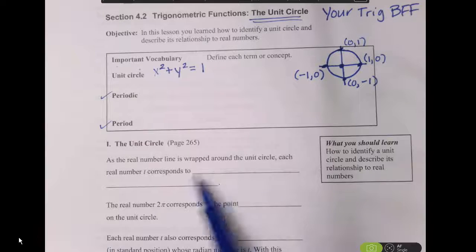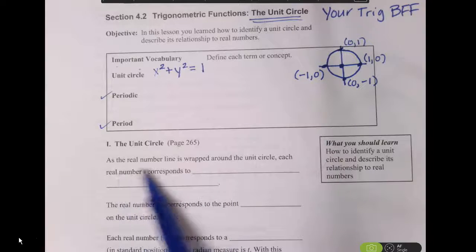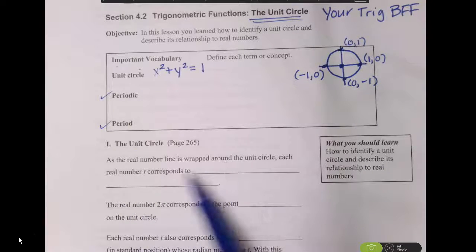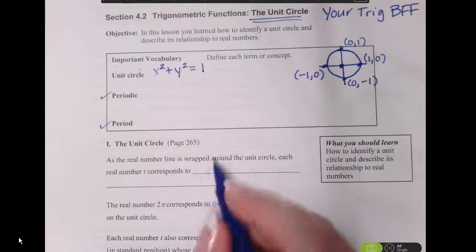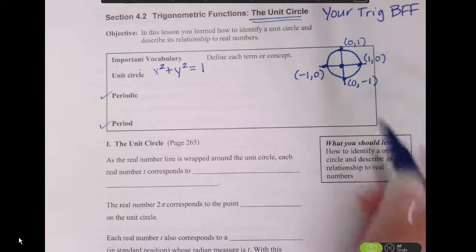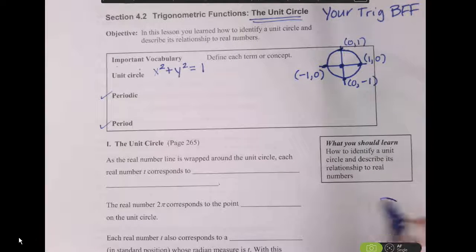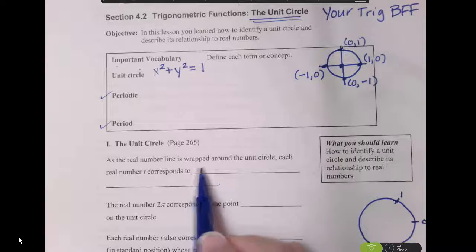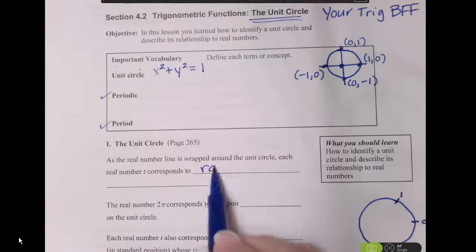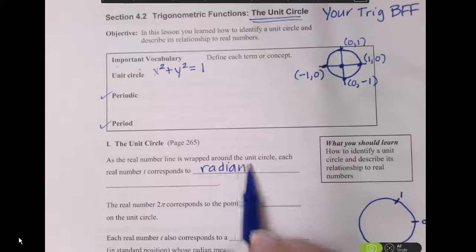So we're going to picture taking the real number line and wrapping it around the unit circle. So each real number corresponds, like as I go around this circle, I'm going to start at 0, and then once I get to 1, that's going to correspond to a number of radians in my circle.